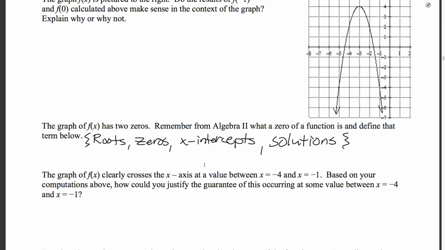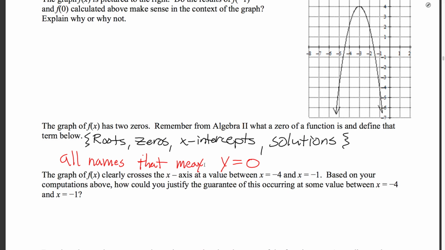These are all names that mean y equals 0. Now, do you think they came up with four different names for the same item if it's unimportant?